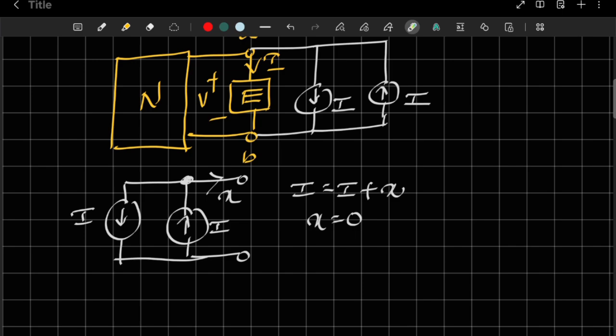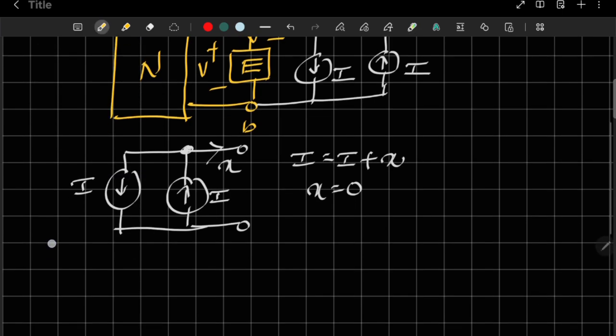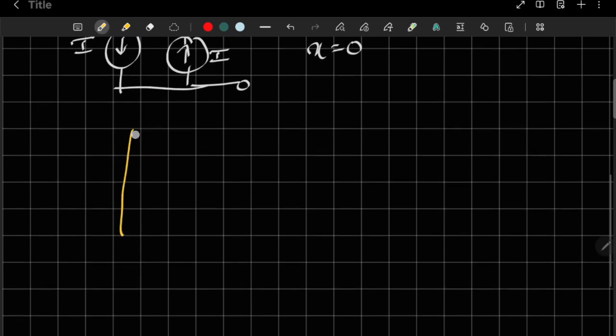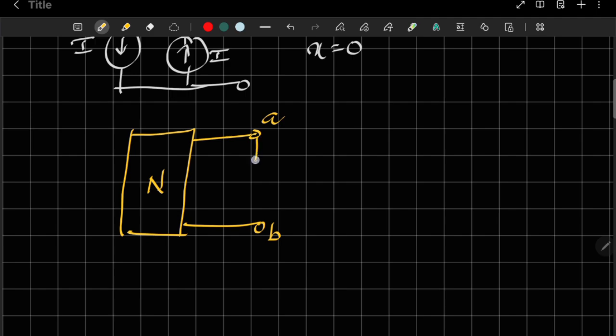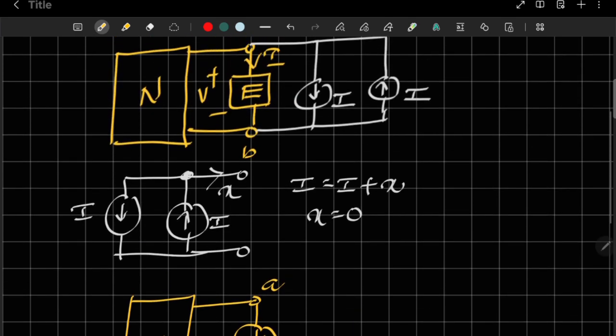Then we will redraw the diagram in a different manner. See carefully. Previously the network is like this: node A, node B, and here we had taken the element. Now I move this current source here, and this element to this position.